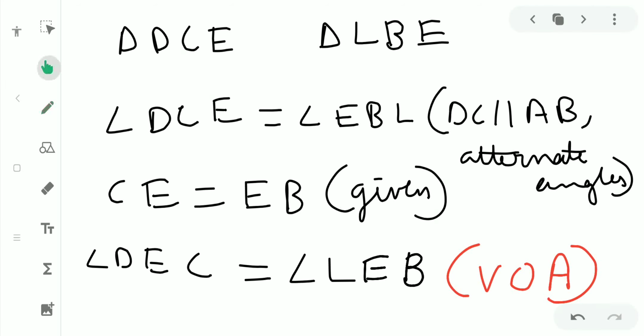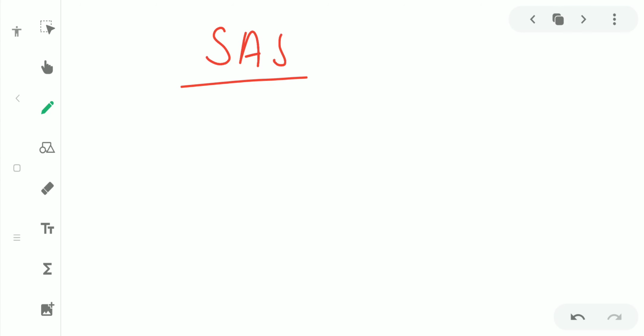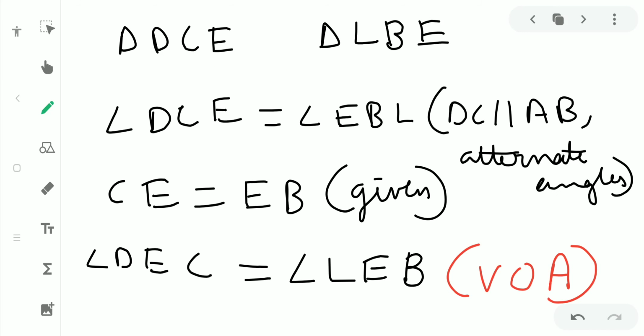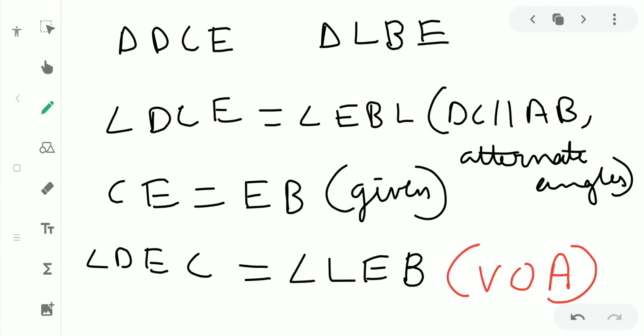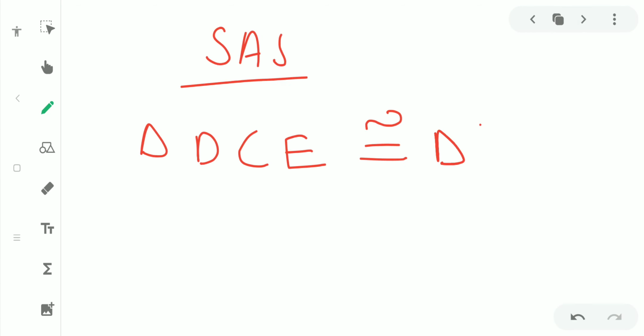Now by SAS, side angle side, criterion or property, we will have triangle DCE congruent to triangle LBE.